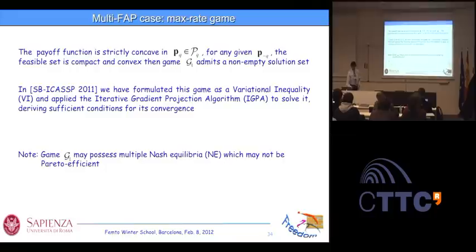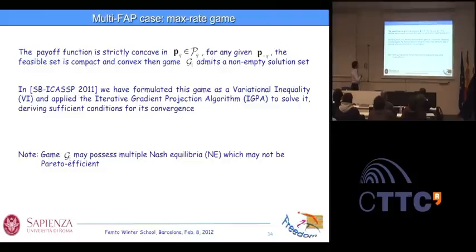If we look at this problem, we can check, and this is very easy, that the payoff function of each player is a concave function, and the feasible set of every player is a compact and convex set. Under this condition, the game admits a non-empty solution. So there exists a solution. This is the first easy thing to check.